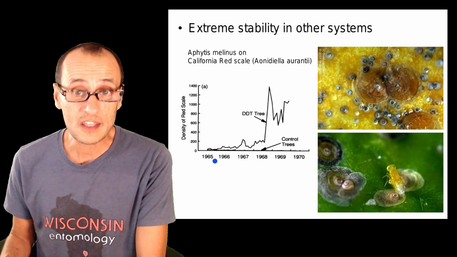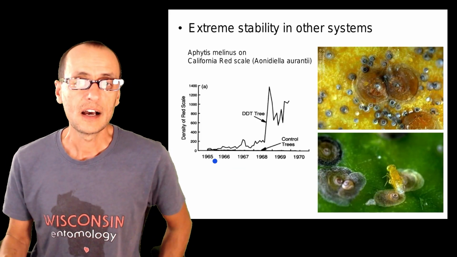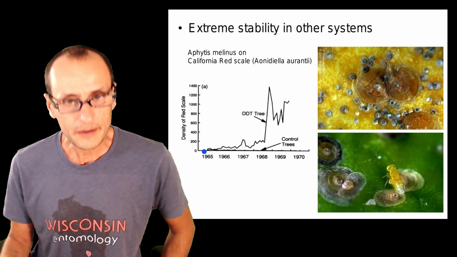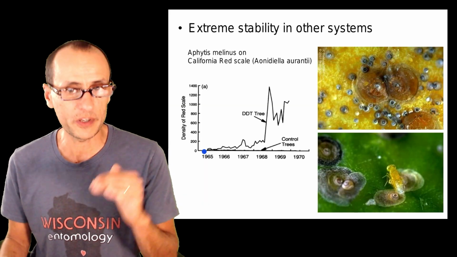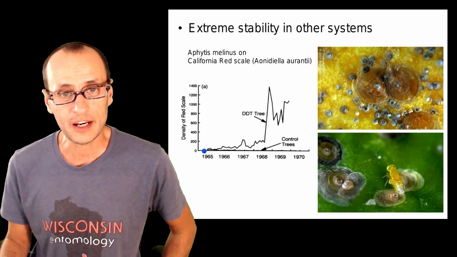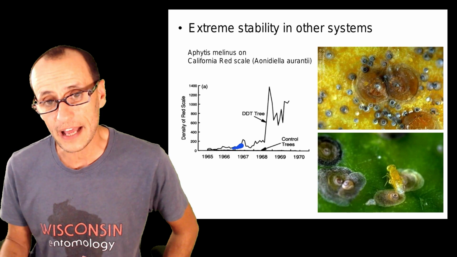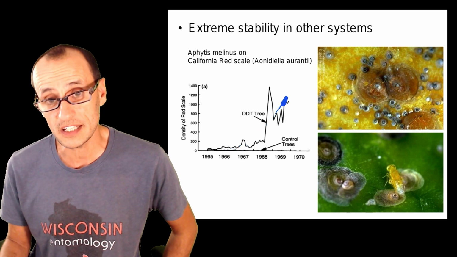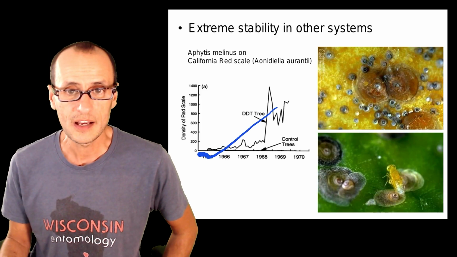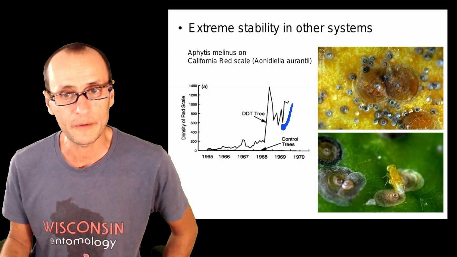And one of the classic cases of stable populations that don't fluctuate and that seem to be maintained at a lower equilibrium are in fact these red scales and their natural enemies. And here's an example of what happens when you wipe out the natural enemies with DDT sprays. Once you've killed off the parasitoids, populations of the red scales can explode and are highly variable.